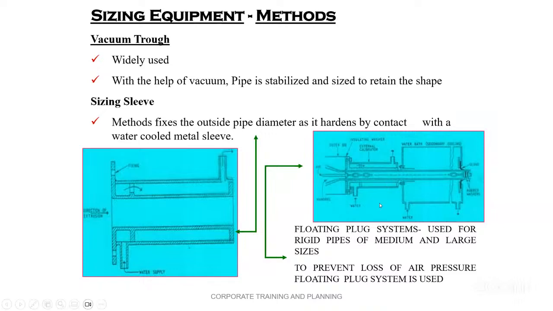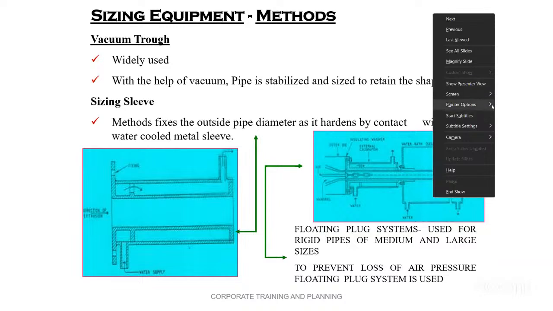When the pipe is getting extruded, initially while threading the pipe, that means at the starting, you have to hang a plug at the nose of the die. Right. After that, what will happen? I will show you by arrow also.